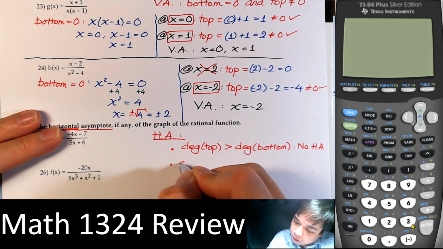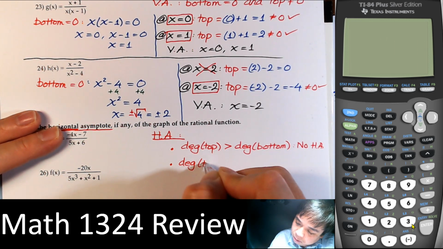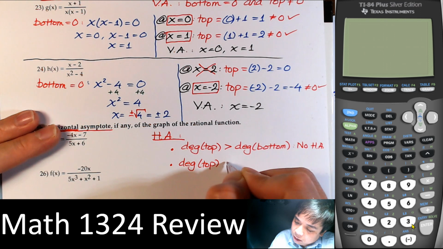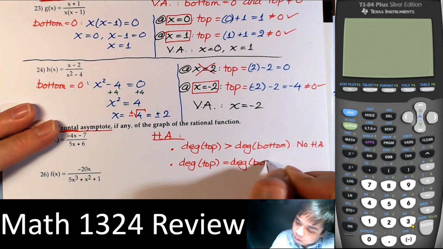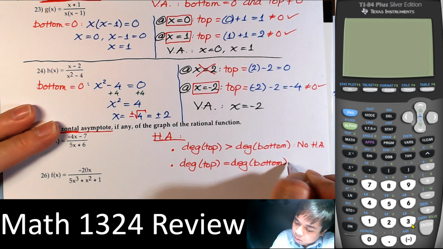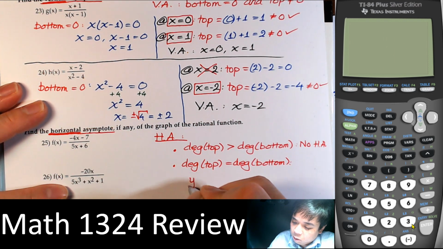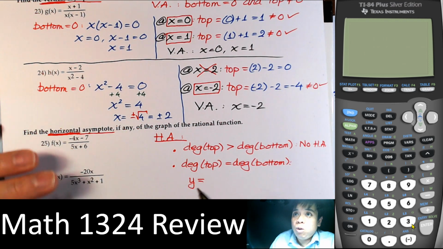Case number 2, if degree on top is equal to degree at the bottom, it will be y equal to the ratio of leading coefficients.